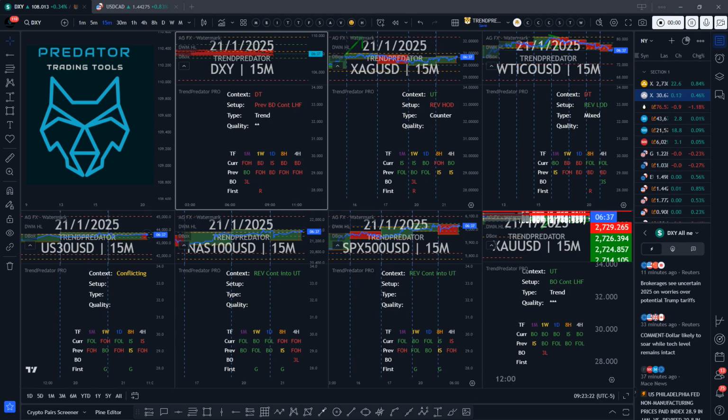Second day of Trump in the hot seat at the White House, and markets remain volatile, unpredictable.